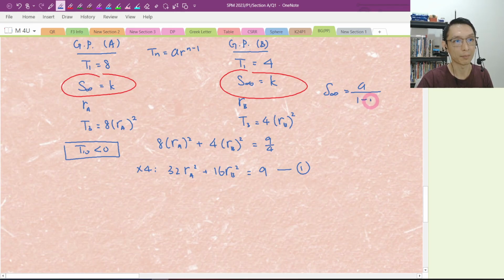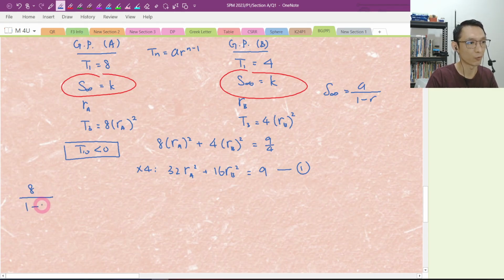A over 1 minus R, right? So the sum to infinity for this one will be A, which is 8, over 1 minus RA, the common ratio for the GPA. How about the sum to infinity of GPB? Using the same formula, 4 over 1 minus RB, the common ratio for GPB.